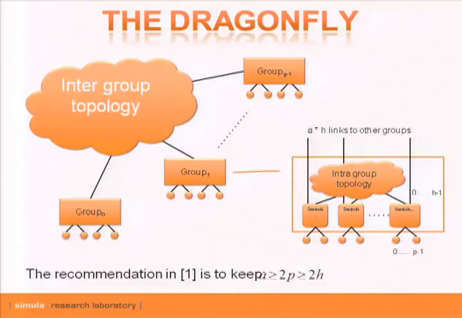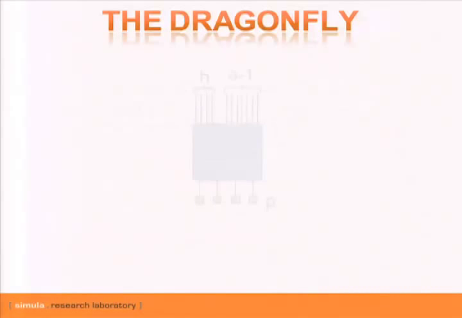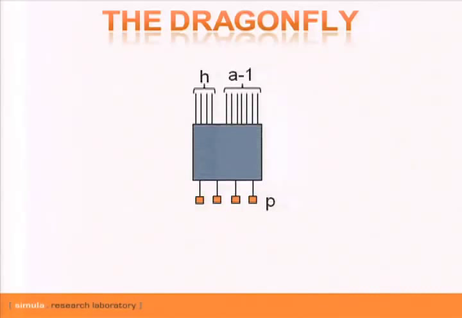Let me also show you a construction example. Assume now that we have switches of 16 ports, and the question is, what would be the largest Dragonfly we can construct with those switches? We have the building block here, our 16-port switch.